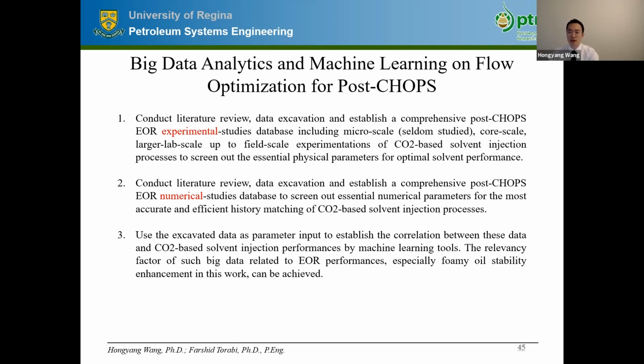And we can establish an experimental study database as well as a numerical study database to screen out the essential parameters that optimize CO2-based solvent injection processes. And you can take a look at this introduction in this description here.